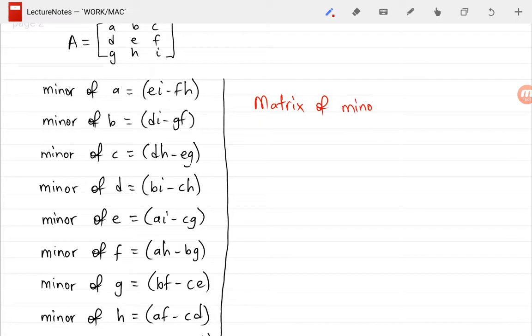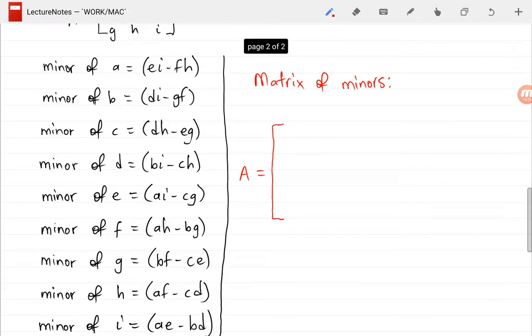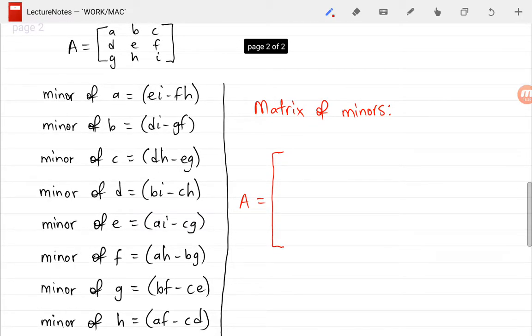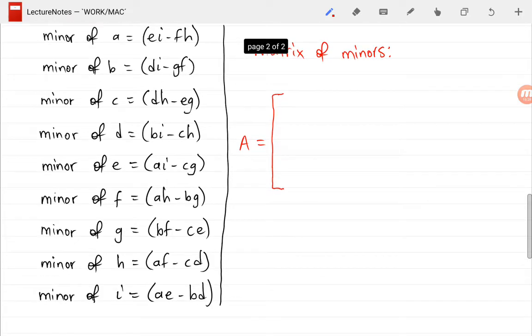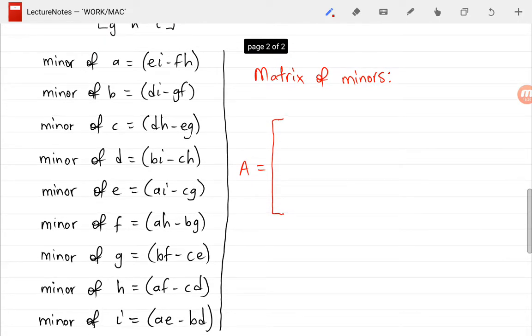This is going to be very important for us. I'm going to use very big brackets so that nothing is squished in. Wherever we had A, B, C, D, E, F, G, H, I, we want to replace it with all their minors, because that should make life easier.